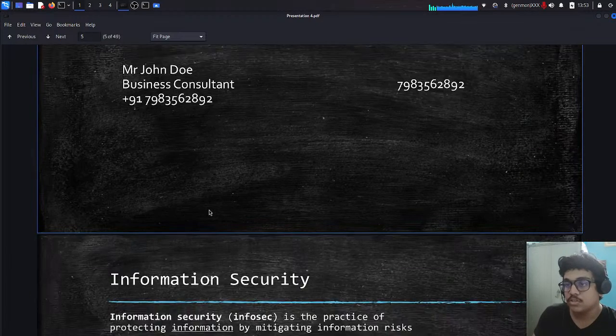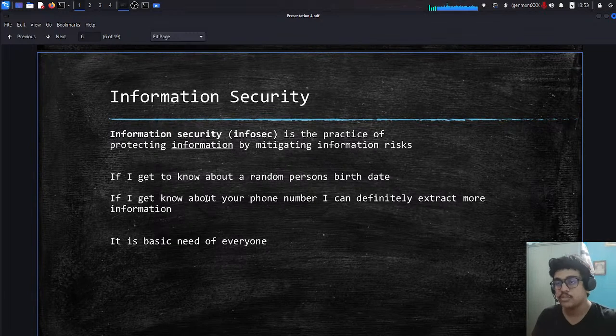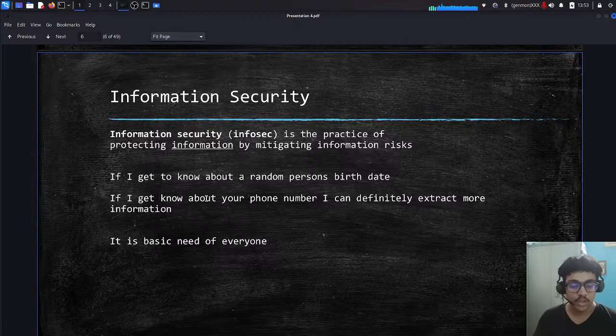So let's just move to another topic. Next topic is information security. So we know we have information, but the basic role of an ethical hacker is how we can secure the information. That is information security, also known as infosec.